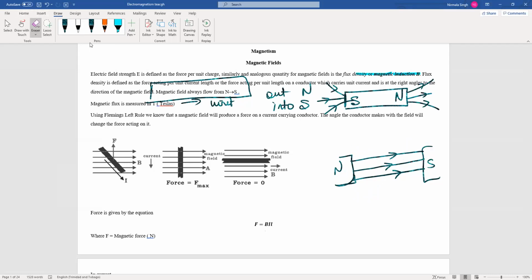Okay, so using Fleming's left-hand rule, just to revise, you all should know it. Using your left hand, if we have our thumb, our index finger, and our second finger, what does our thumb represent in Fleming's left-hand rule?